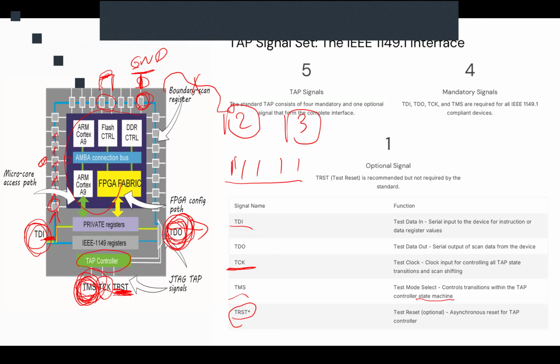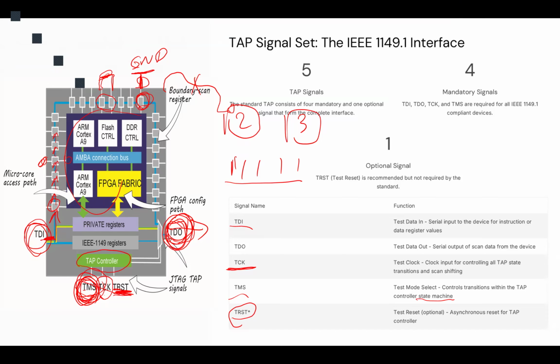Now, these tap controllers, as you could see, are also connected through the tap register, the private register, to the FPGA fabric, for example, or to the ARM Cortex of the chip. That means it's not just a testing input. We actually can debug or even program the chip or IC through the tap controller.